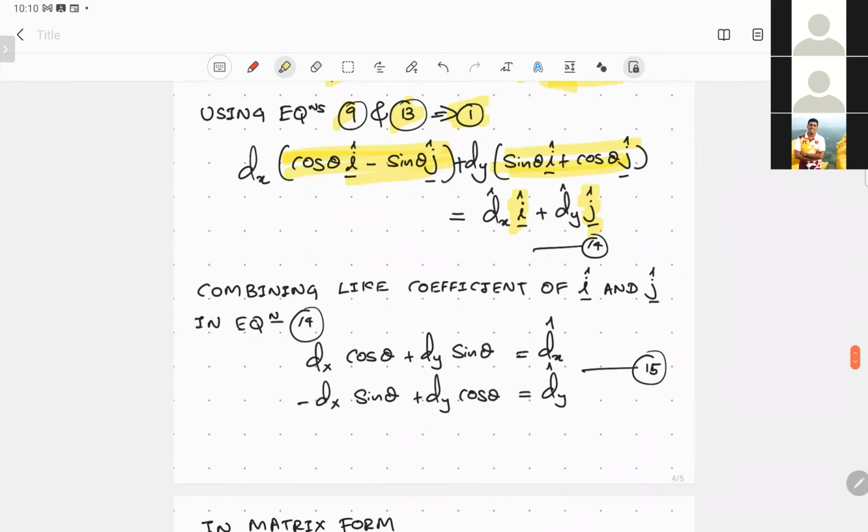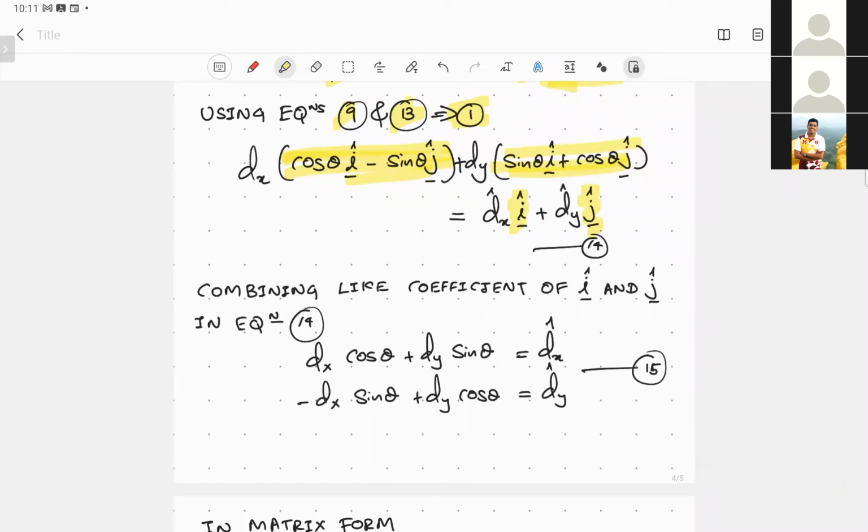By combining the like coefficients, because in such equations we can combine the coefficients corresponding to i hat on the left hand side and the right hand side, and of course the coefficients corresponding to j hat.